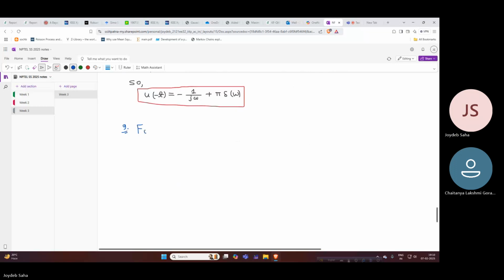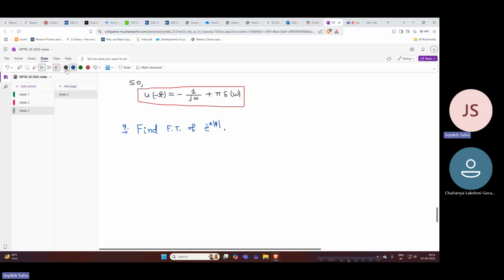Find the Fourier transform of e to the power minus a mod t. Can anyone solve this?